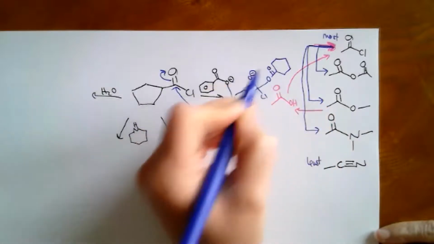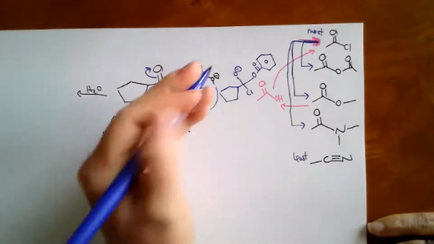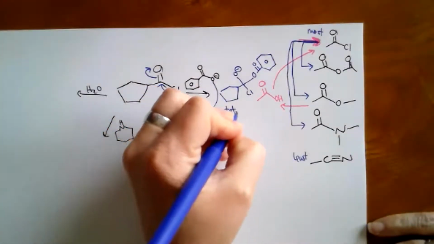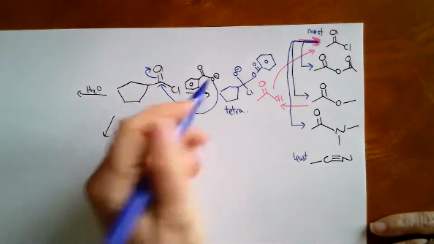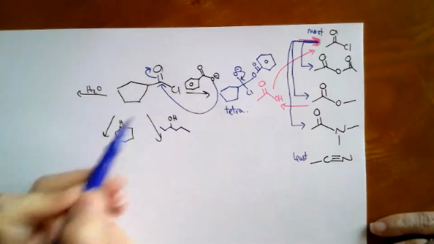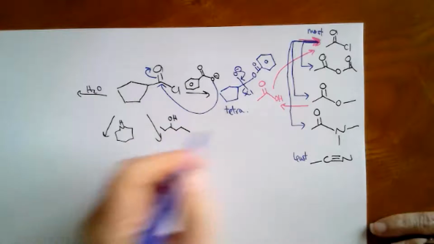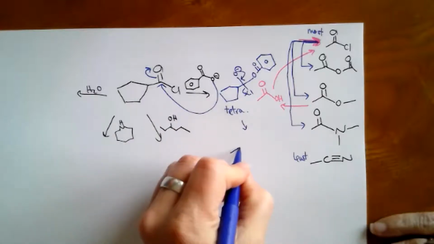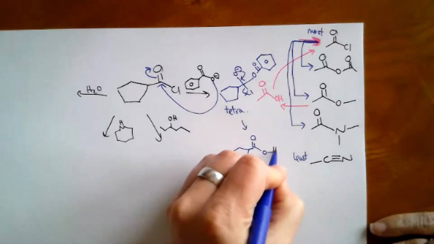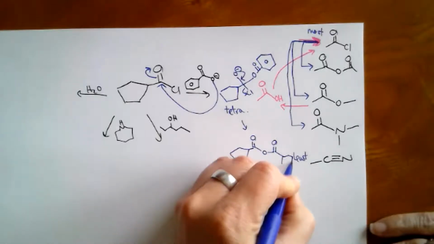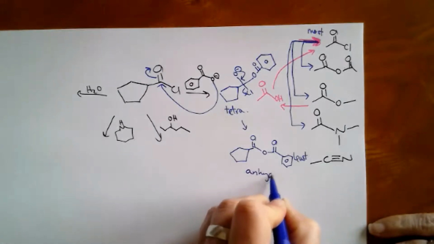We make our tetrahedral intermediate. And from this tetrahedral intermediate, we fold down and kick out our weakest base, our best leaving group. That's chloride in this case, because I'm reacting an acid chloride, which is the most reactive carboxylic acid derivative. So ta-da, I make an anhydride.